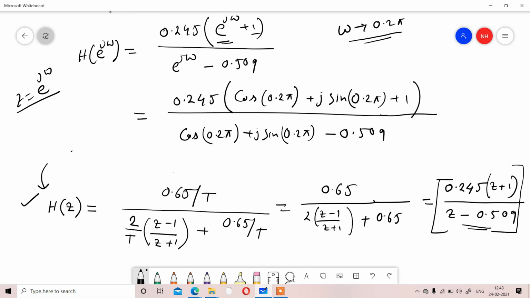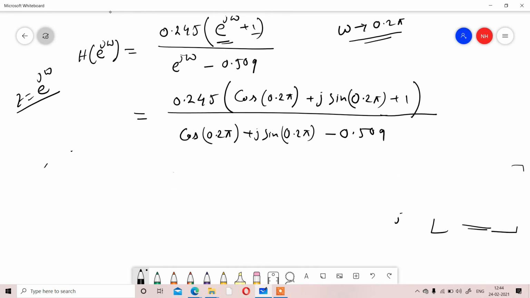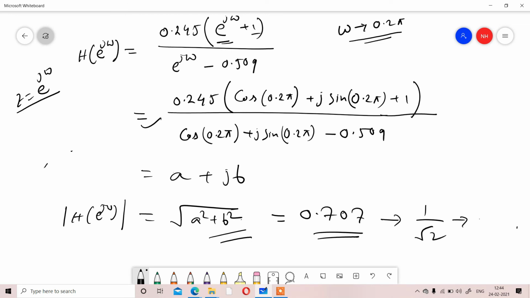Now from here, if you calculate the magnitude, I am not showing you the calculation. You represent that expression in the form a plus jb, then the magnitude will be root of a square plus b square. If you calculate that, from that expression you will get the value 0.707, or 1 by root 2, which is 3 dB.